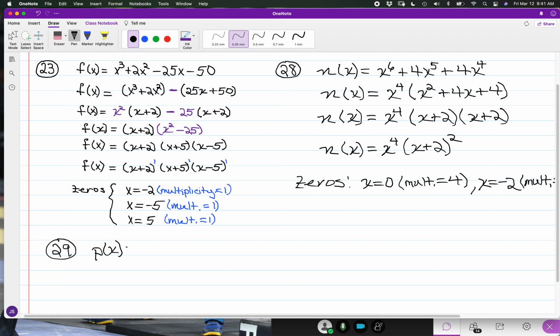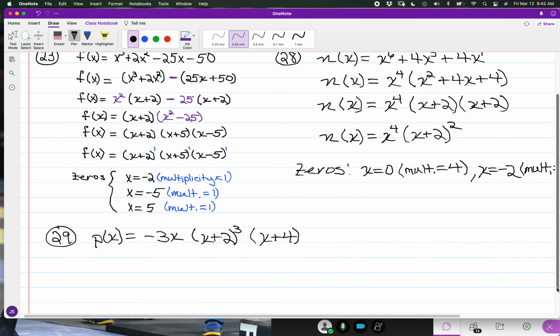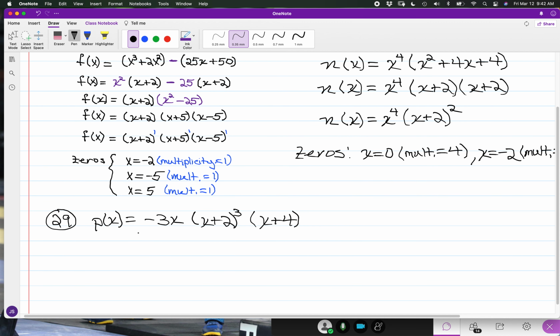So here we have p of x equal to negative 3 times x times x plus 2 raised to the third times the quantity x plus 4. So we had the factored form already.